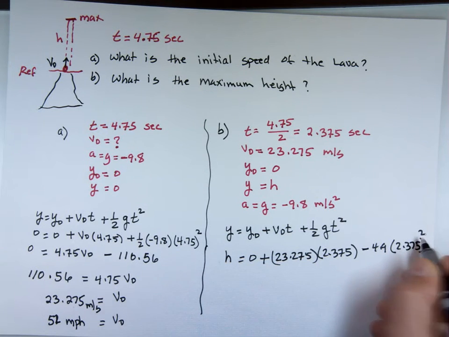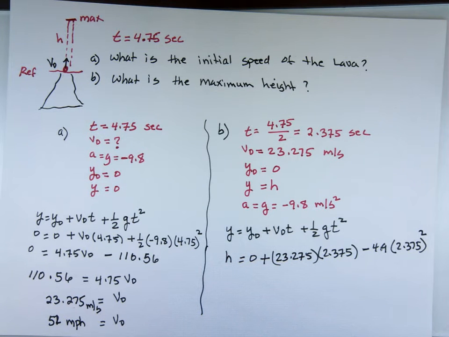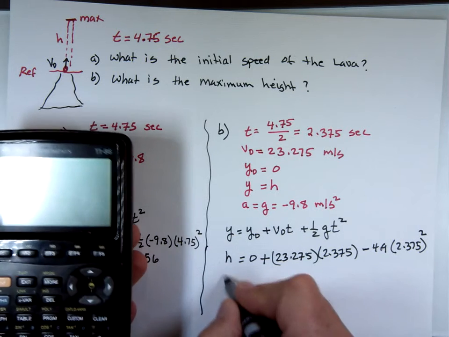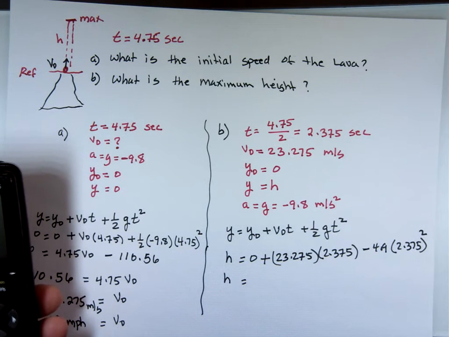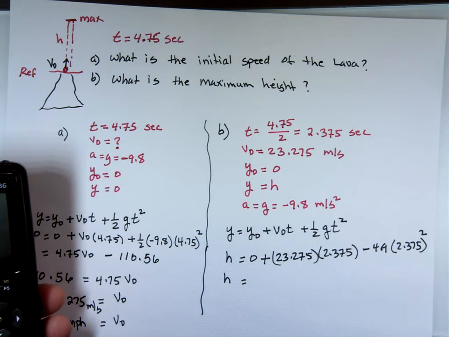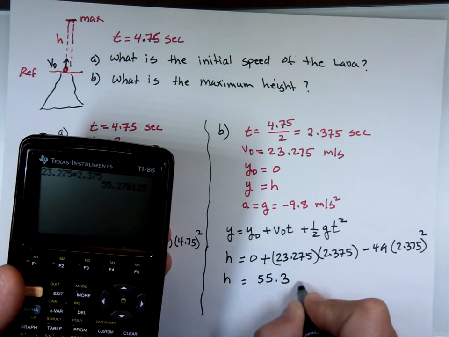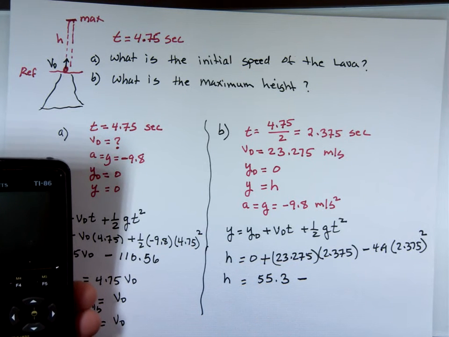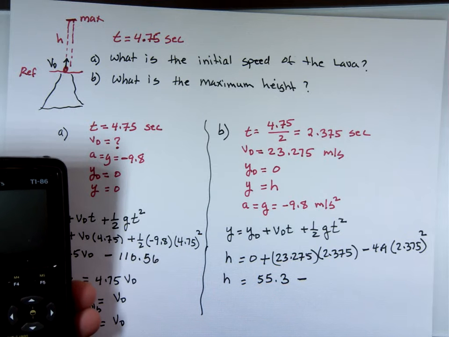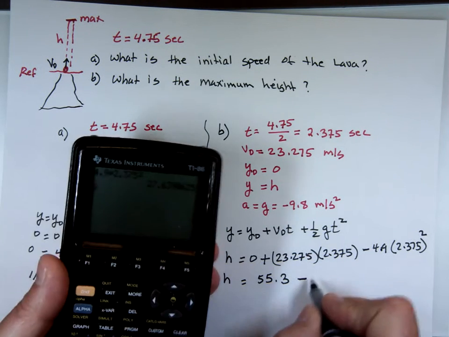A half times 9.8 is 4.9. 23.275 times 2.375 is 55.3. Take away from it 4.9 times 2.375 squared, which is 27.6.